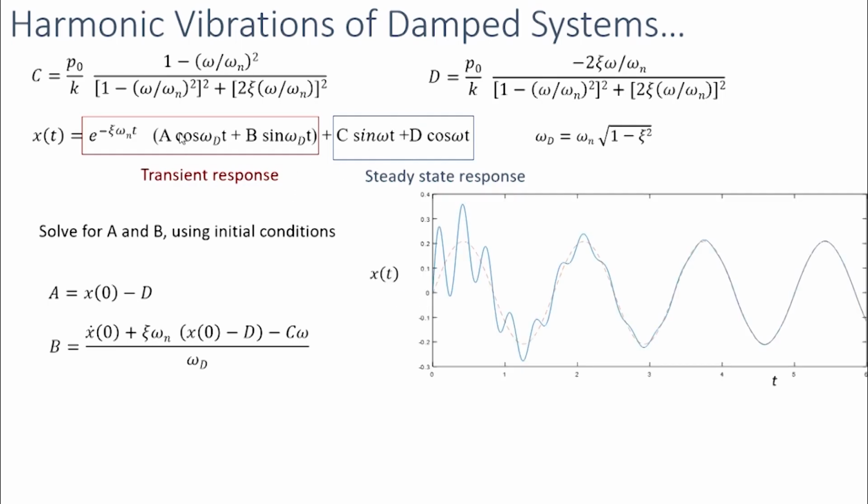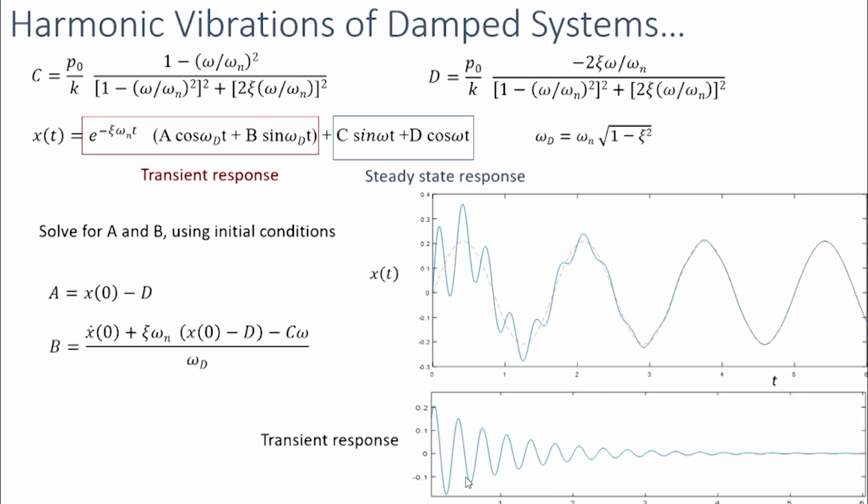So now let's see how the solution looks. If you plot this total solution for some values of initial conditions, we will get a solution like this. The blue line represents the total solution. The red dotted curve represents the steady state response. And if we plot only the transient response, it will look like this. As expected, this transient response will decay in time and become 0 after some time.